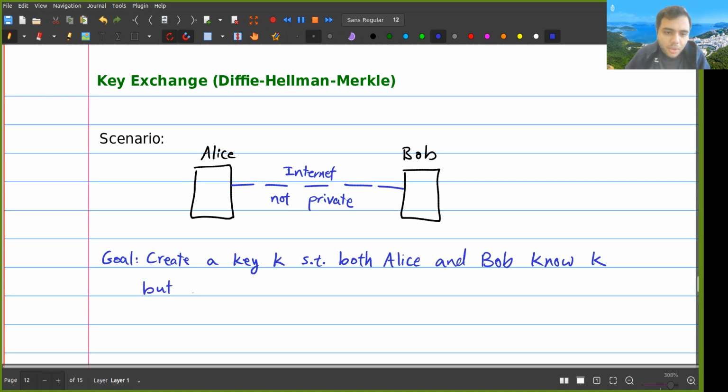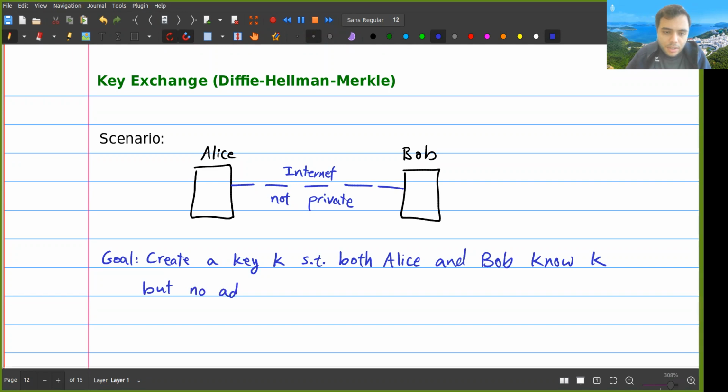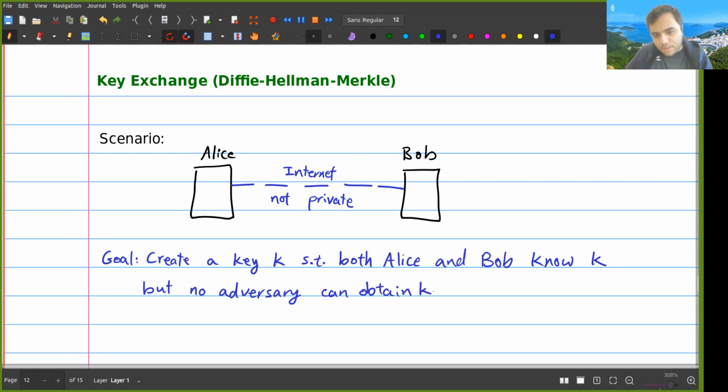Or let's say no adversary can obtain K. So at first glance, this seems kind of impossible, because if you think about it intuitively, we are doing this communication over the internet and we have an adversary, let's call the adversary Eve, who can pretty much listen on everything that we send.